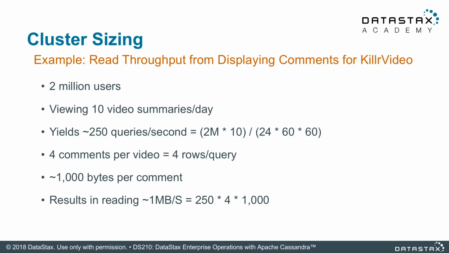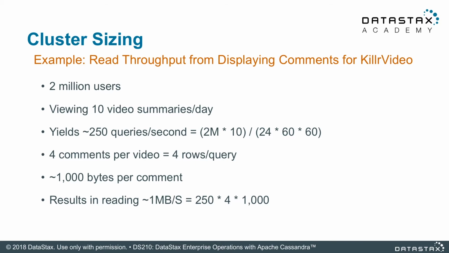Are you ready for the next example? Let's do this. Back in our Killer Video domain, let's display user comments, which are read operations. Okay, we still have 2 million users. No one joined since I finished the last slide. Bummer. Anyway, they are each looking at 10 video summaries per day. You end up with 250 queries per second, which equals 2 million times 10 divided by 24 times 60 times 60.